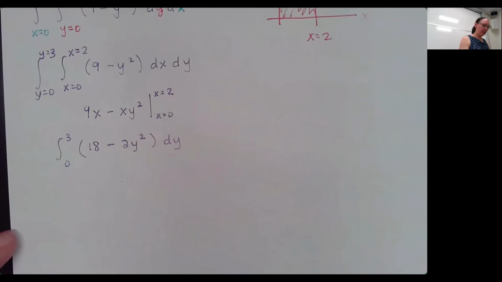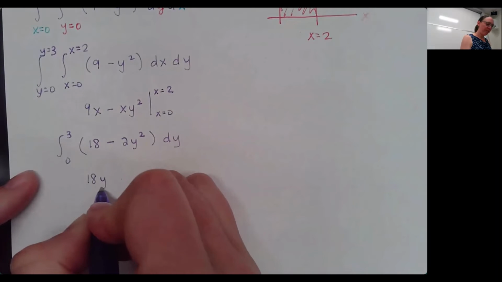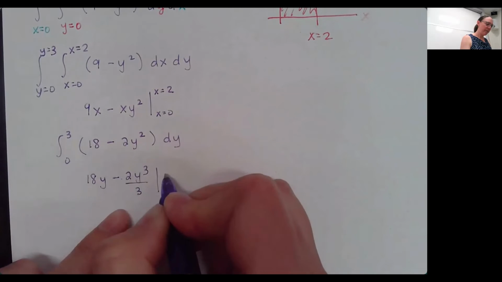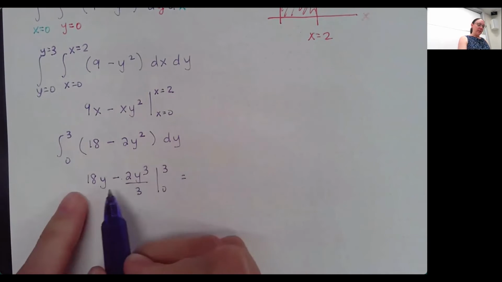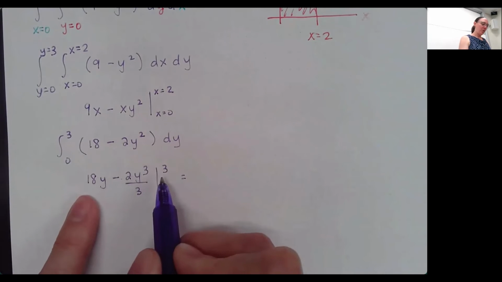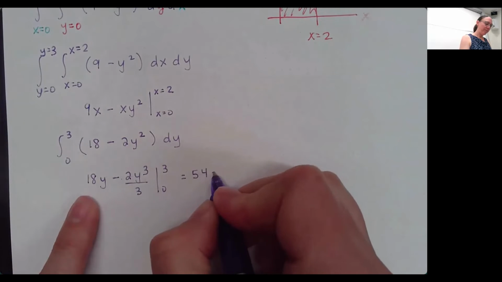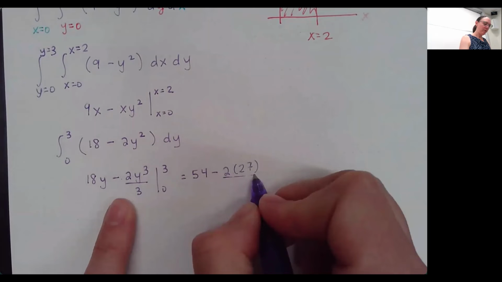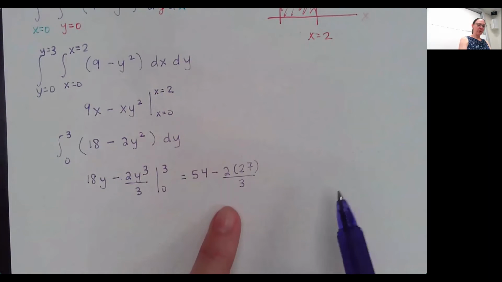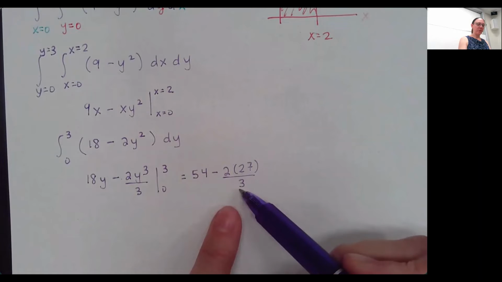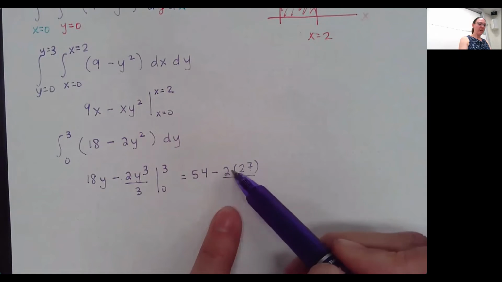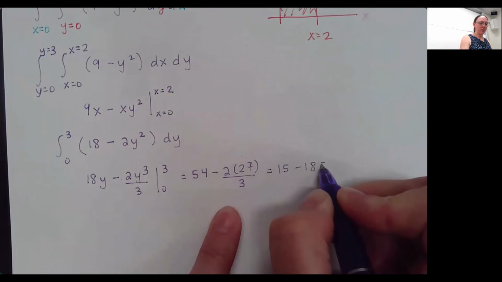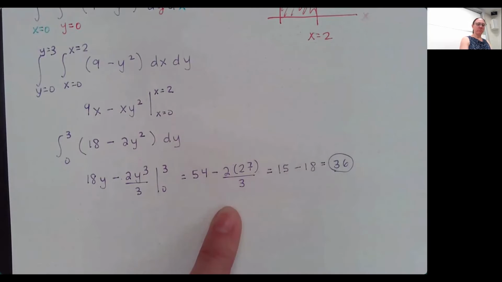So when I integrate 18, I'm going to get 18y. And this will be minus 2y cubed over 3 from 0 to 3. So 18 times 3 should be 54. And 3 cubed is 27 all over 3. So a couple of different options here, but 27 divided by 3 is 9. So 2 times 9 gives me 18. That's 54 minus 18, which I think should put us back to 36.